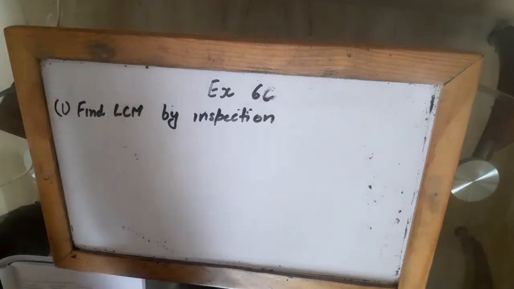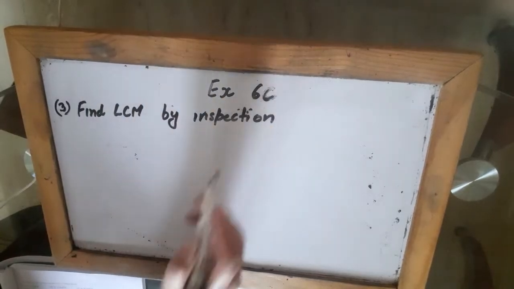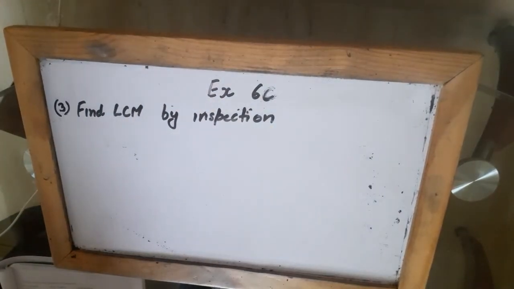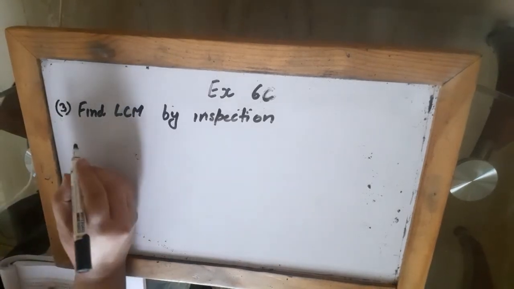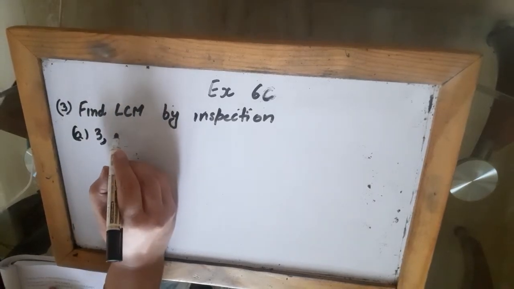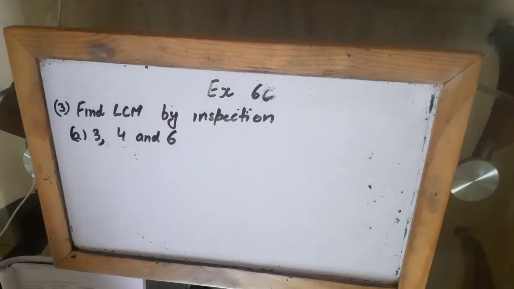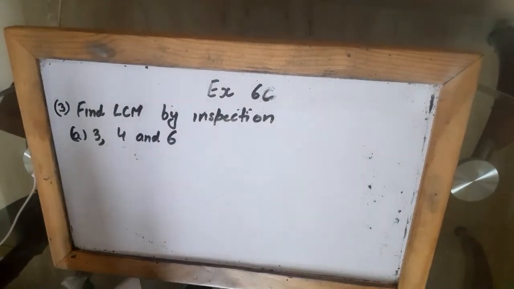Now in the third question, they are asking you to find the LCM by inspection. The previous method was using the multiplication table, and here they are asking you to find by inspection, and they have given you 3 numbers this time.